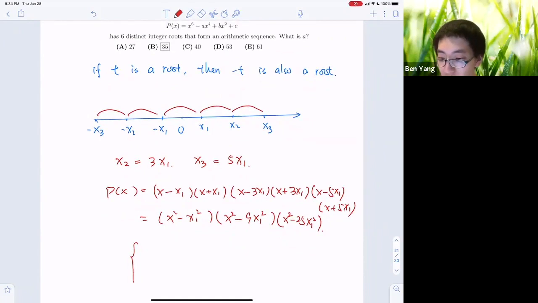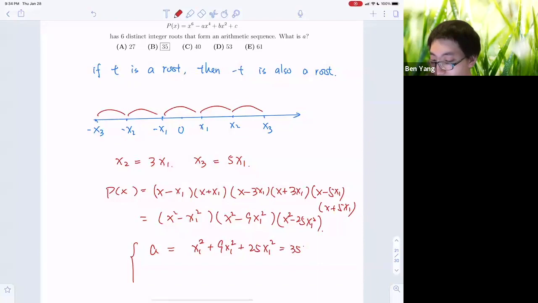So we have A is equal to x1 squared plus 9x1 squared plus 25x1 squared, which is 35x1 squared. And C is equal to negative 1 times 9 times 25 times x1 to the power of 6.